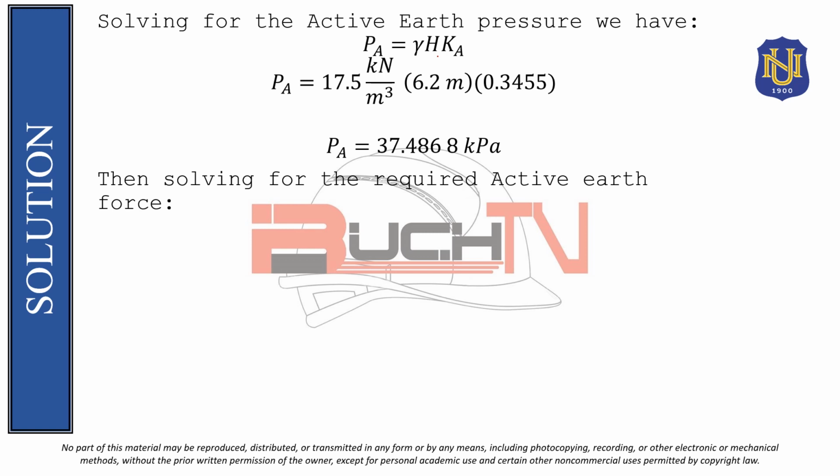Then, we can now solve for the active earth force just by using the area of the triangle, which is FA is equal to 1 half PA or P sub A times H. Substituting P sub A, which is 37.4868, and the height of the retaining wall, which is 6.2 meters. So we will have 1 half times 37.4868 kilopascal times 6.2 meters.